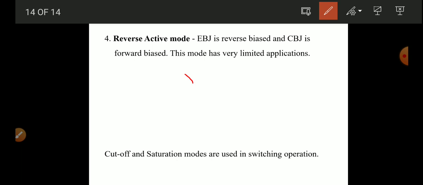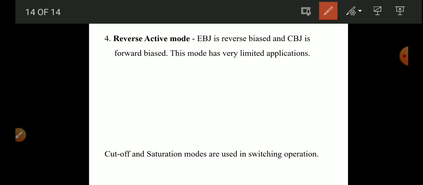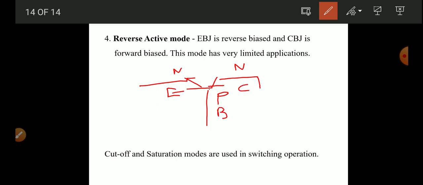For an NPN transistor, we can draw it in this way: here N, here P, and this is N. This portion is the emitter, this one the base, and this is the collector region.